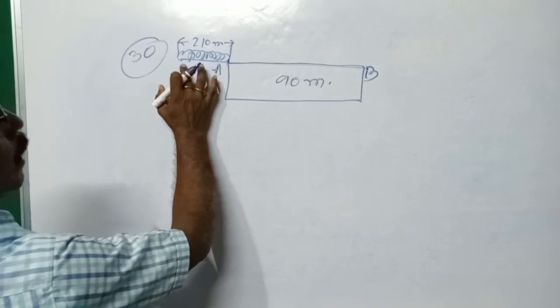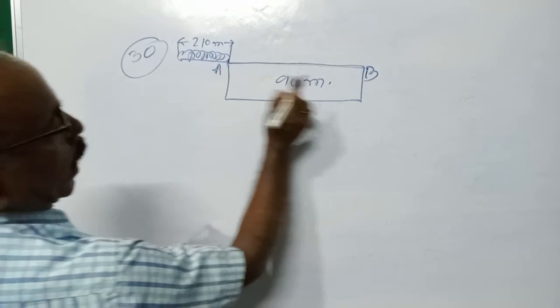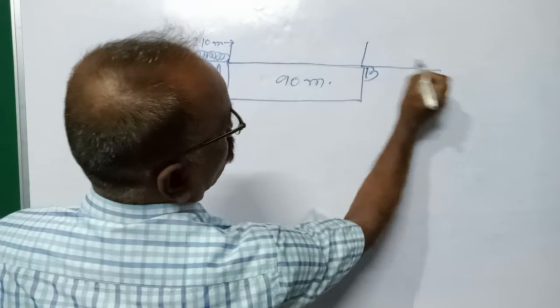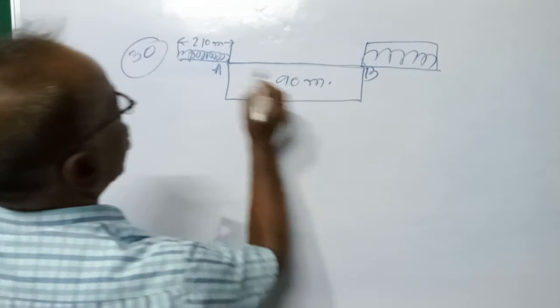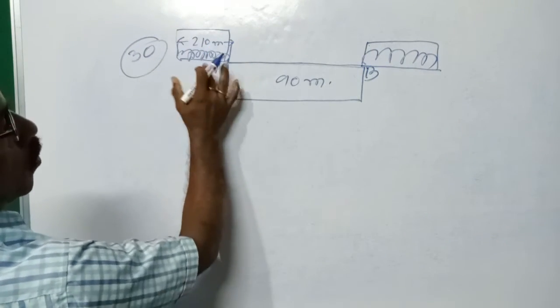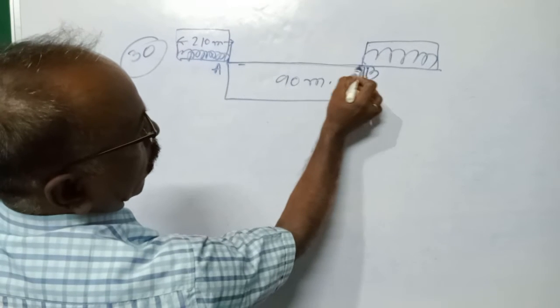Now the train starts from A, and when the train reaches this position, then the train has covered the tunnel.